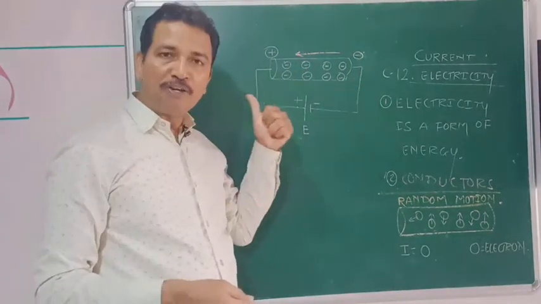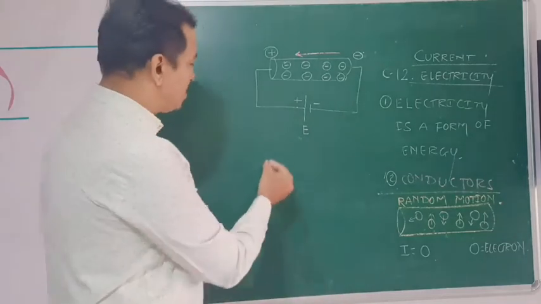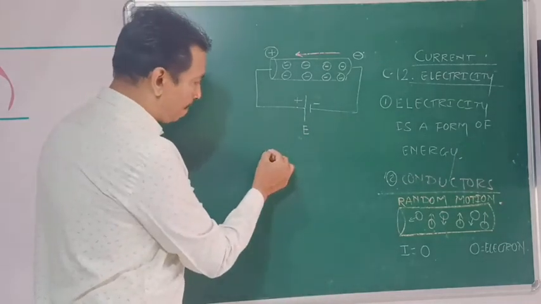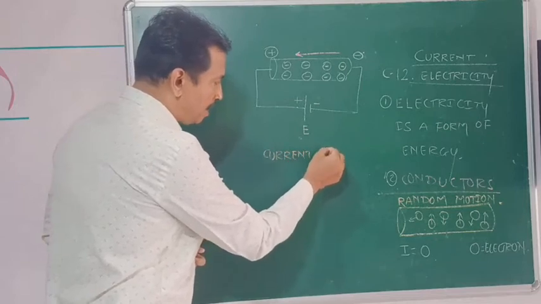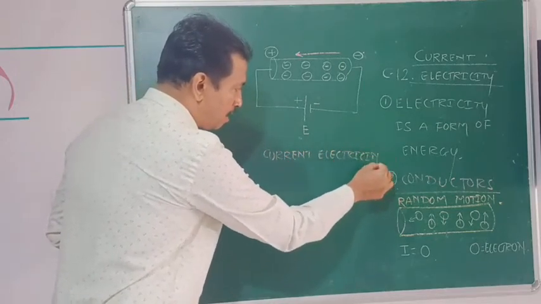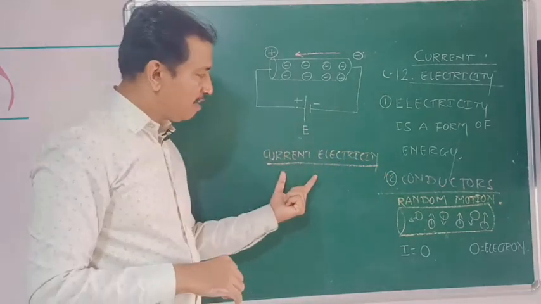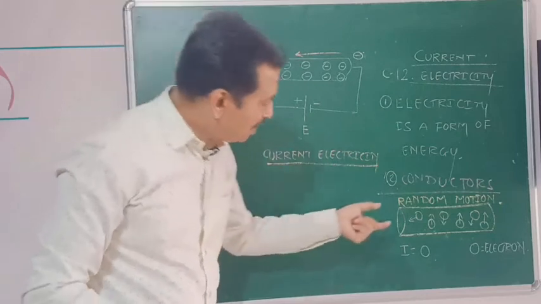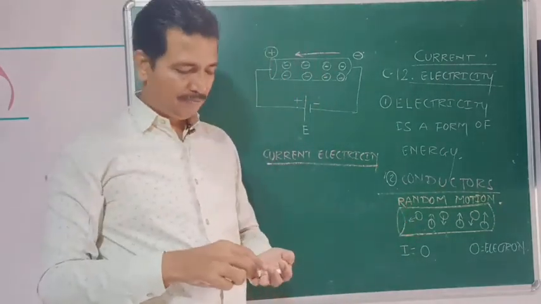The flow of electrons from negative terminal to positive terminal constitutes a new effect, which is current electricity, children.